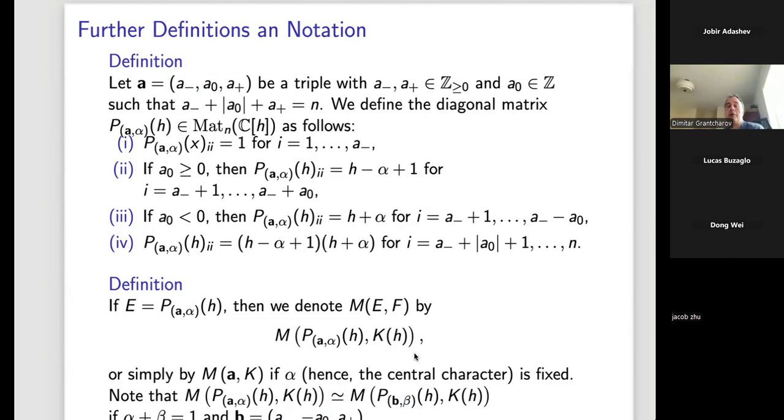So this is for the isomorphism, and in a way from now on we want to study these modules. And again, this is a module with fixed central character, so we make our life easier by fixing the action of the center.